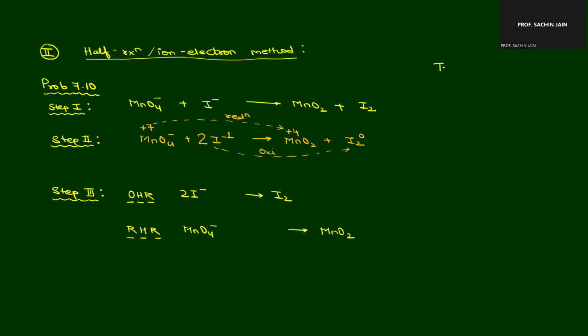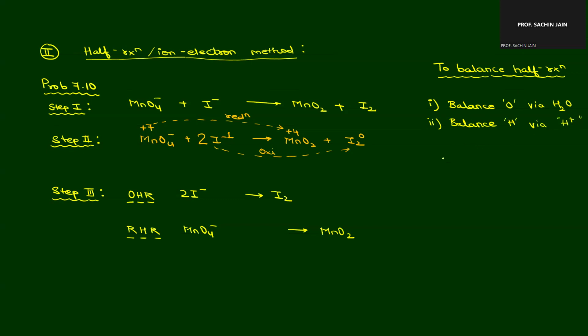Now, to balance any half reaction, I'll give you the set of 4 rules which are to be followed for balancing any half reaction. So कोई भी half reaction balance करना है. Step 1, balance the oxygen. The oxygen needs to be balanced via water, H2O. Step number 2, balance hydrogen. Hydrogen needs to be balanced via H+.